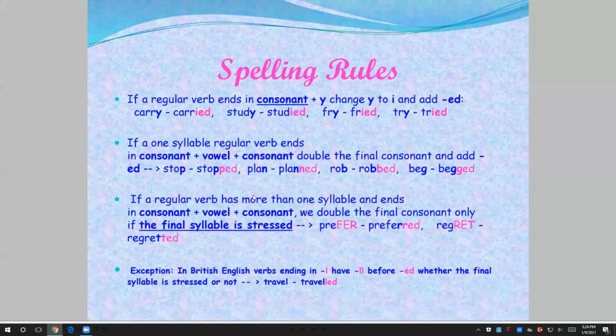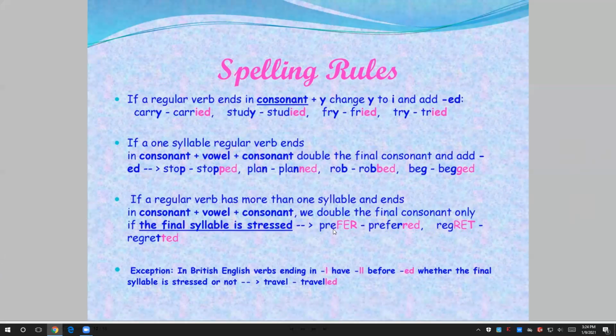If the verb has the same combination but more than one syllable, we double the final consonant only if the final syllable is stressed.